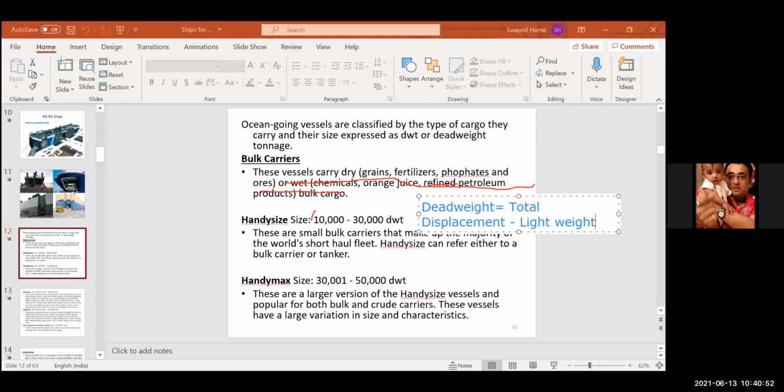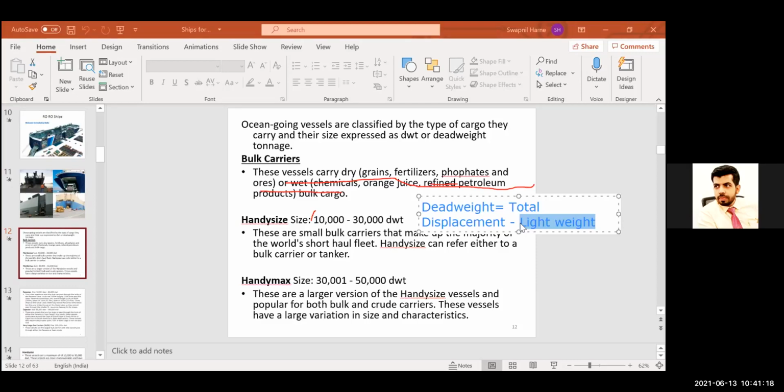Lightweight means what now? Lightweight means the weight of a ship without any cargo, water, fuel. So you subtract all these things, and what you get is the lightweight, also called light displacement.